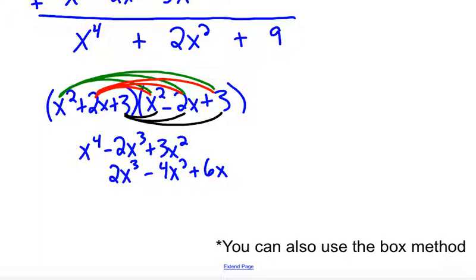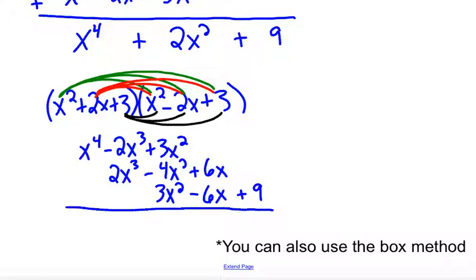So 3x squared, I'm going to put that with the other x squareds. 3 times negative 2x is negative 6x. And 3 times 3 is positive 9. And now I've got all my like terms written in columns. It's super easy to add them to see what cancels. Okay, so that's another method.